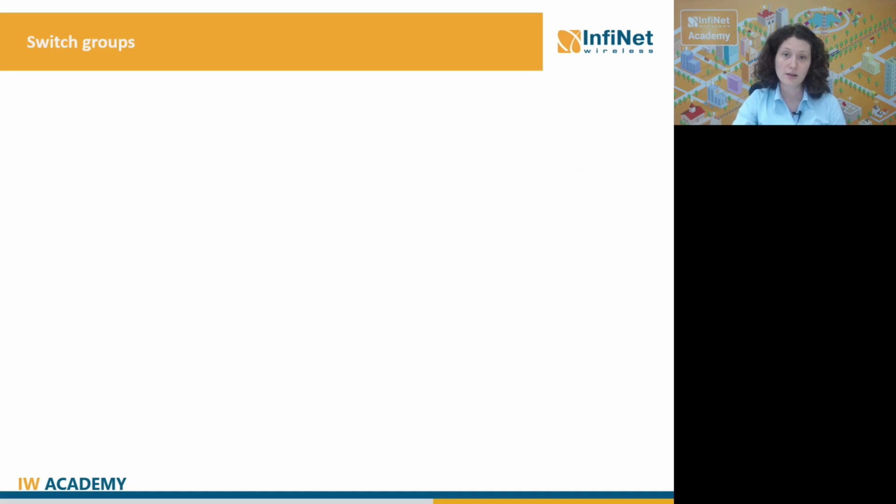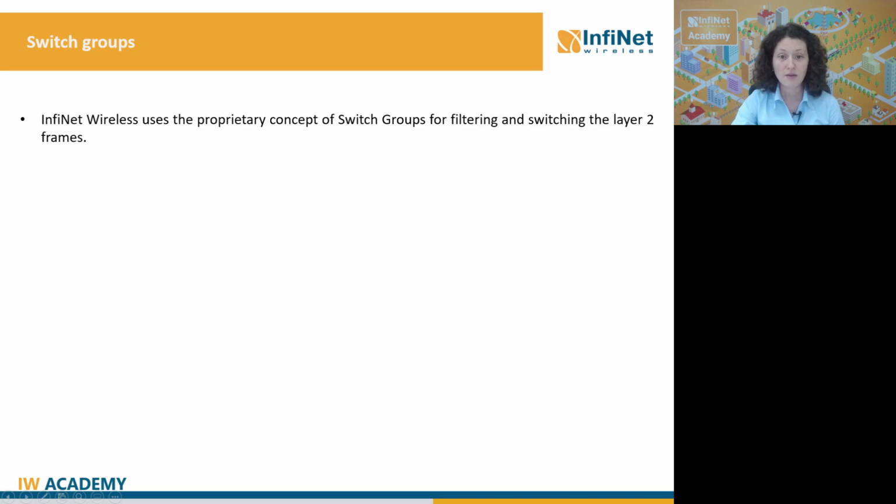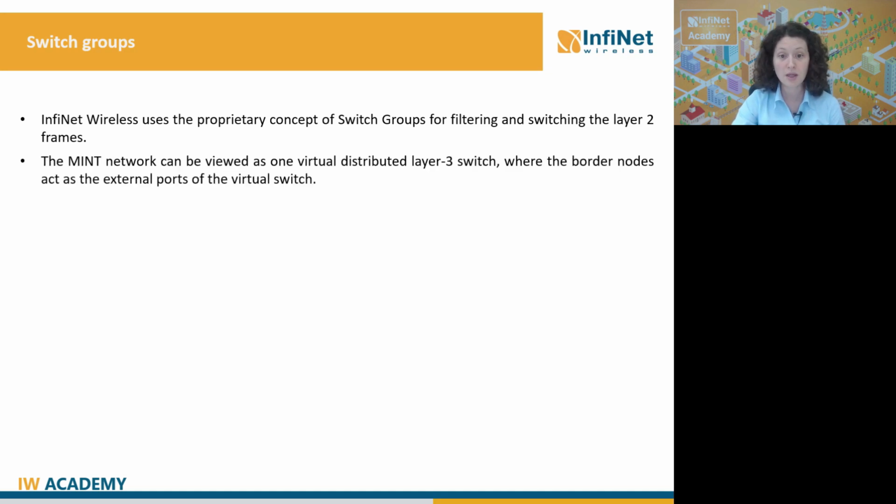Let's now check the switching configuration details. InfiNet Wireless uses the proprietary concept of switch groups for filtering and for switching layer 2 frames. The Mint network can be viewed as one virtual distributed layer 3 switch, where the border nodes act as the external ports of the virtual switch.